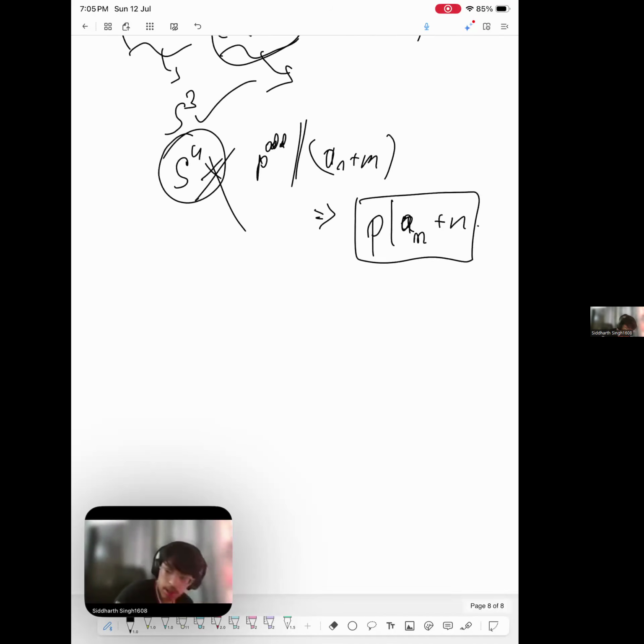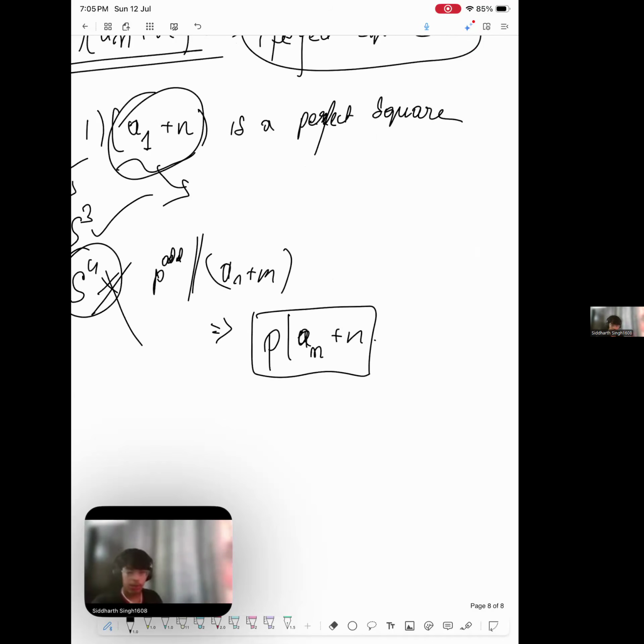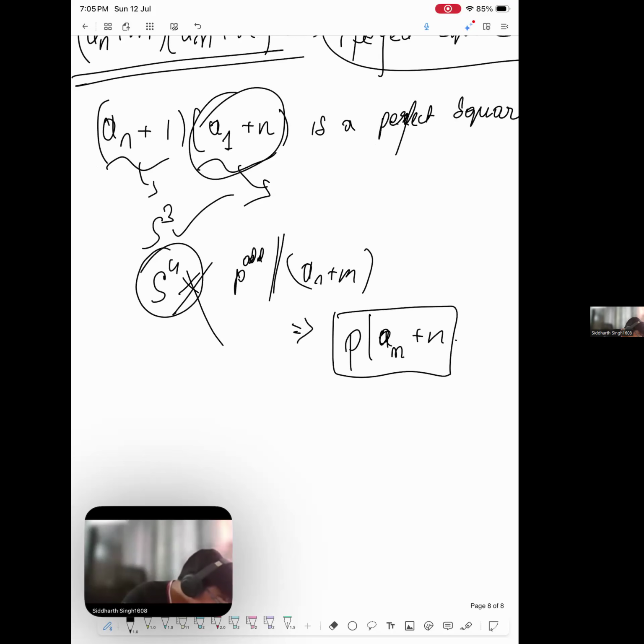Okay, so what would it mean? The key point I want to understand is, if we can find some odd power of p dividing am plus n, then what would it mean for am plus n? This is a very different perspective, no?